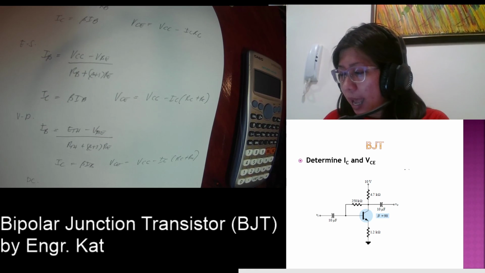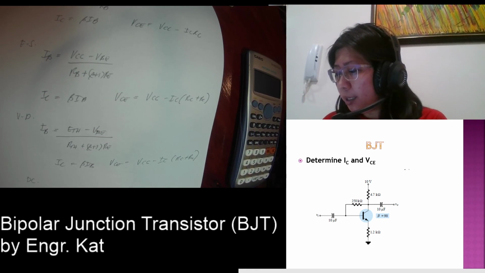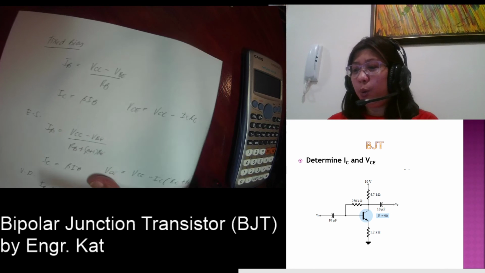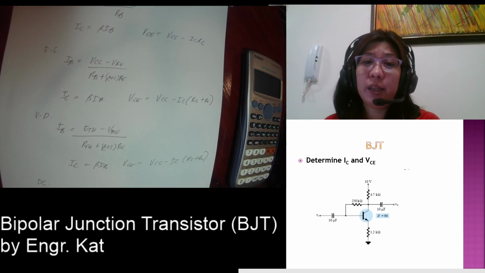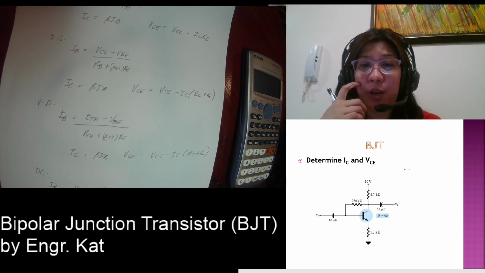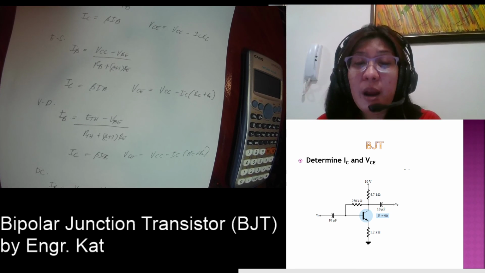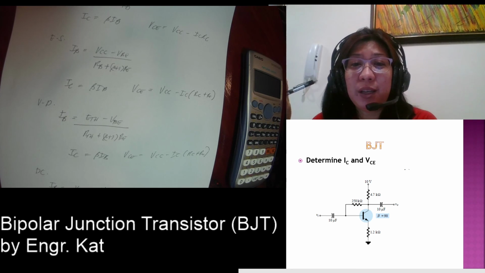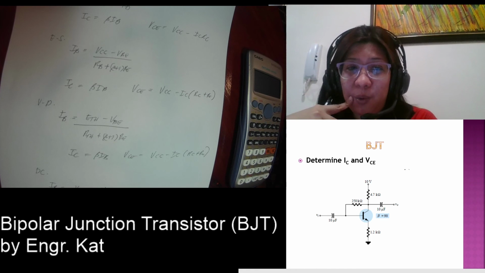IC is beta IB, and then VCE is equivalent to VCC minus IC times RC plus RE. Those are the different common emitter configurations. All of them are common emitter because all of them have the emitter terminal grounded.